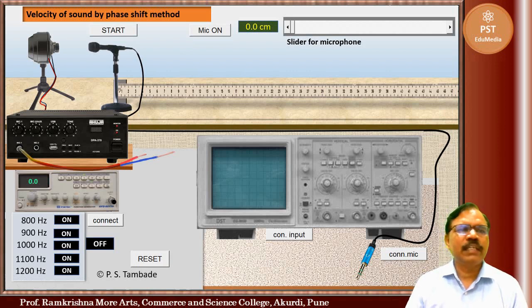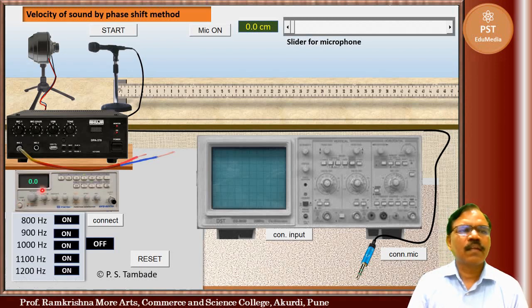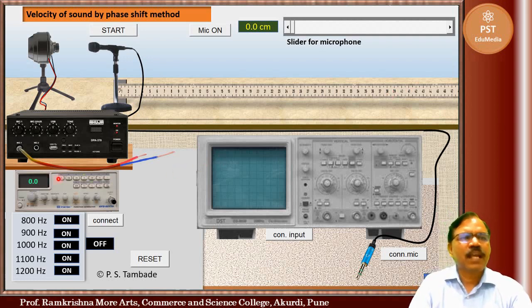Now you will see here this is the signal generator or function generator, this is the amplifier, this is the horn unit, this is the microphone, this is the CRO, and here the meter scale is fixed, and here we give input to the amplifier, means here the mic input.